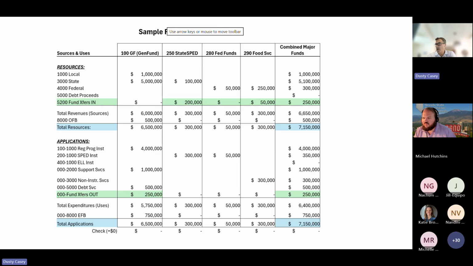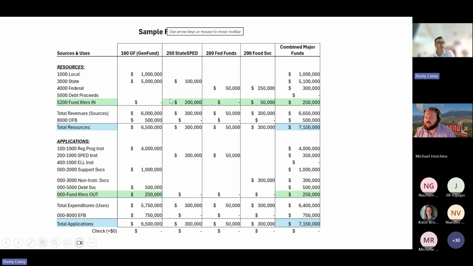But 99% of the time, these special funds, whether it's state sped, federal, especially at-risk, ELL, no one has a fund balance, because everybody's transferring into those funds just to make them whole, because we're so far underfunded that it's taking more money to service those kids in those programs or in those funds than we get from the state, right? So those should almost always be, with the exception of a rare few cases, zeroed out.